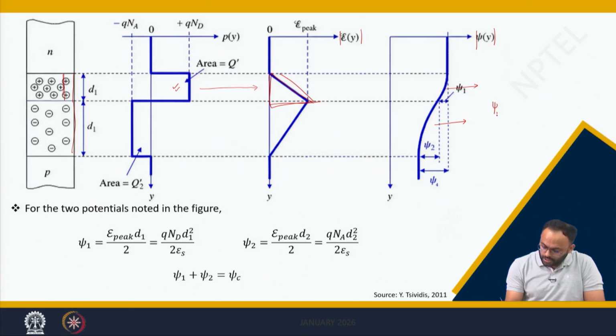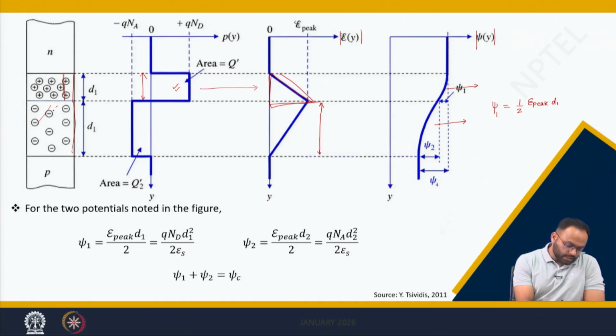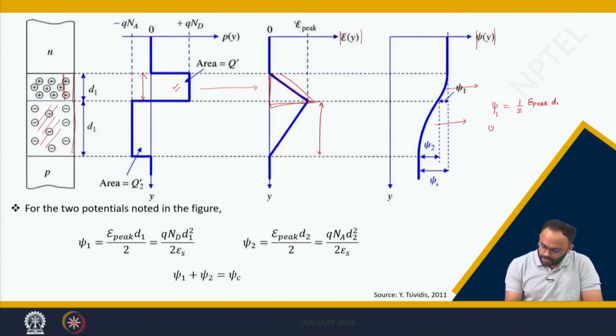So psi 1, which is the potential drop across the N side of the depletion region, is nothing but half into E peak into D1. Similarly, psi 2, which is the potential drop across the depletion region at the P side, can be given by the area of this triangle, meaning half E peak into D2.